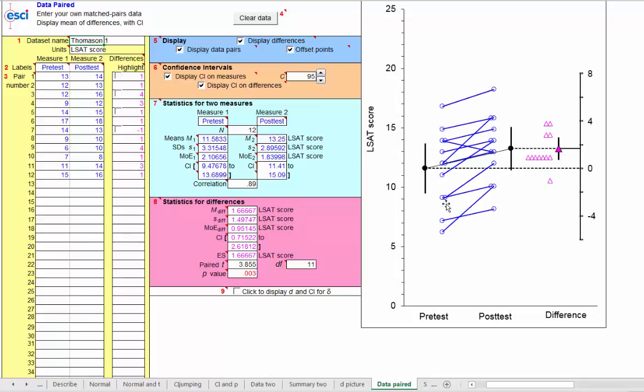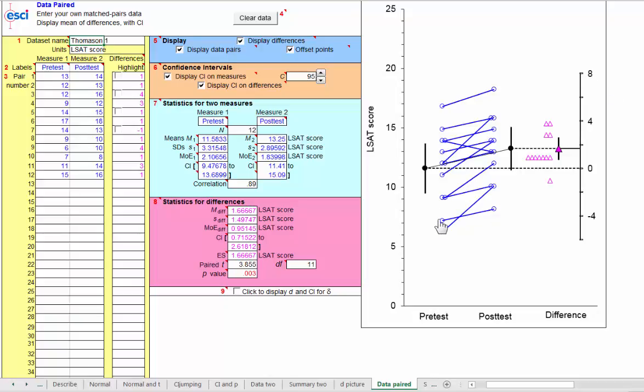And so these joined up blue circles give us the pre-test and post-test, with each line representing a separate participant, and each one corresponding to one of these triangles which indicate the difference, the gain score, the post-test minus pre-test value for each individual participant, plotted on this difference axis.